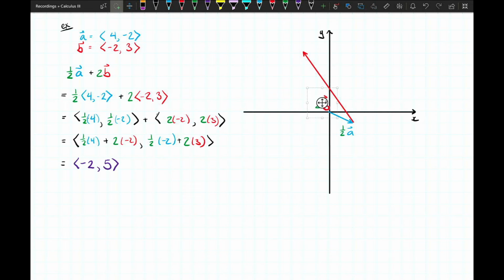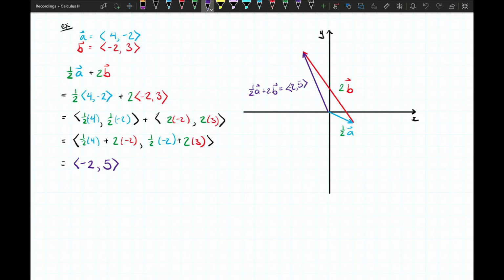Well then, let me just move this text here a little bit and we can take a look at the resultant vector. That seems to be 2 units to the left and 5 units up. So that confirms what we just computed by using component-wise addition and scalar multiplication.